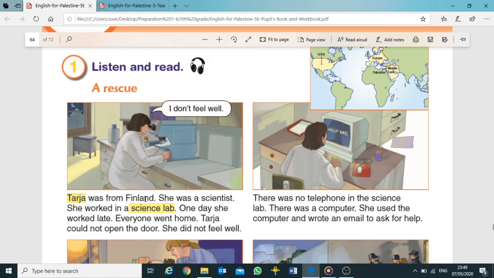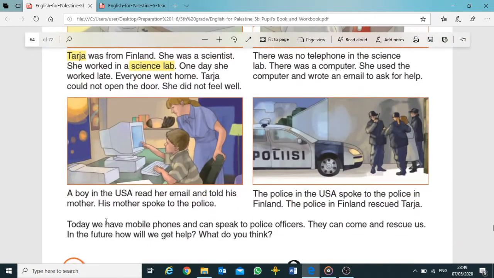Tarja was from Finland. She was a scientist. She worked in a science lab. One day, she worked late. Everyone went home. Tarja could not open the door. She didn't feel well. There was no telephone in the science lab. There was a computer. She used the computer and wrote an email to ask for help. A boy in the USA read her email and told his mother.